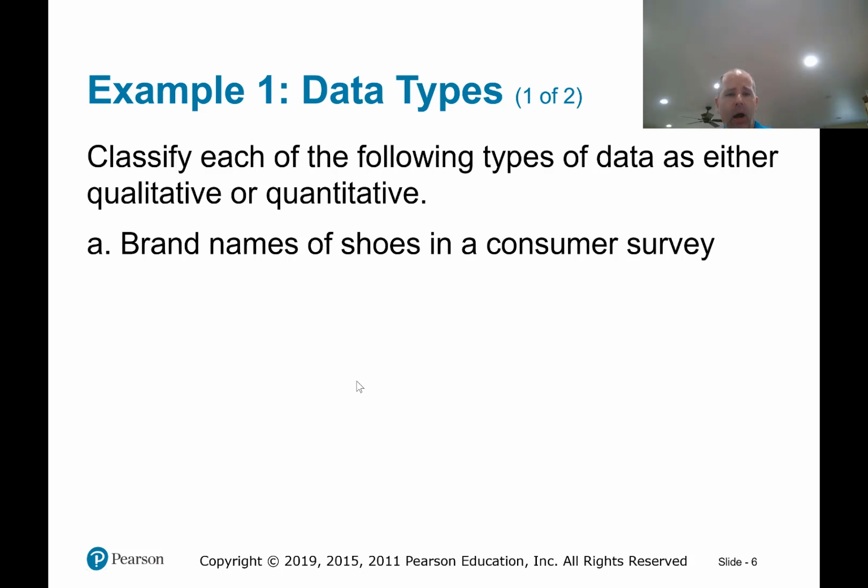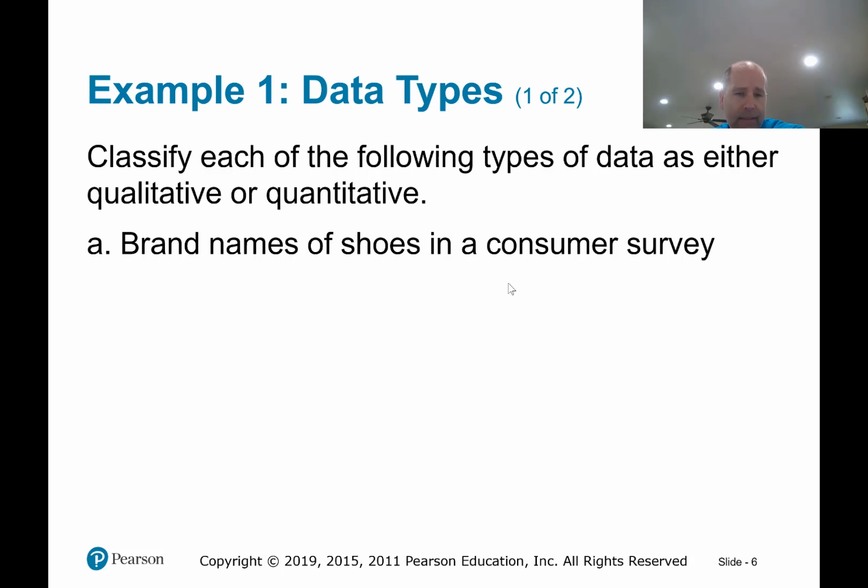So now we're going to classify each of the following types of data as either qualitative or quantitative. Okay, so now brand names of shoes in a consumer survey. Now this is not something you would measure or count, right? This is a brand name, right? So this is a quality, or an attribute.